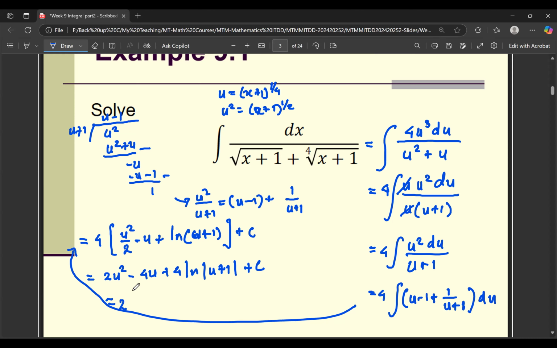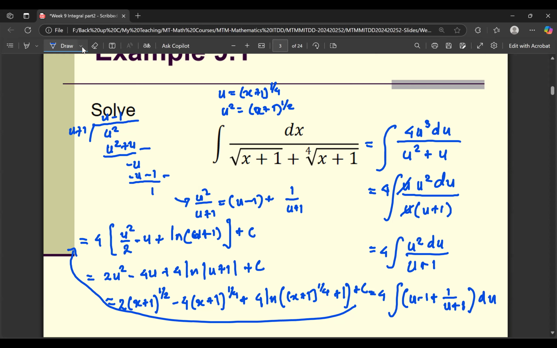So it will be 2 times x plus 1 to the power 1 over 2, minus 4 times x plus 1 to the power 1 over 4, plus 4 natural logarithm of x plus 1 to the power 1 over 4 plus 1, and then the constant c. So this is our last result.